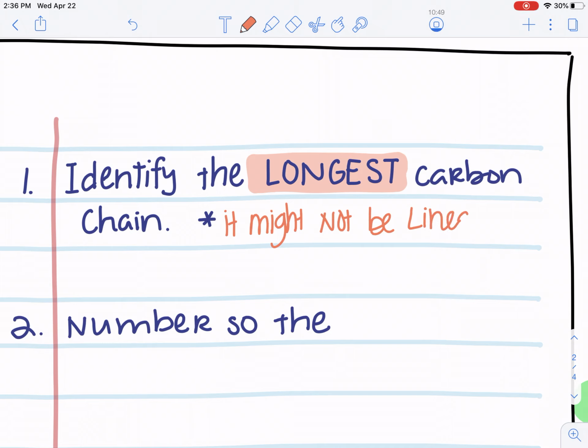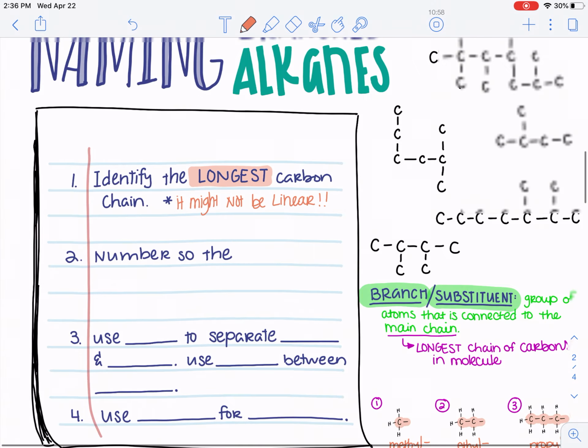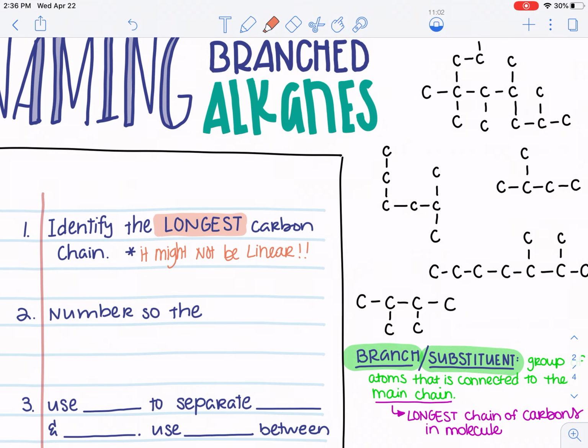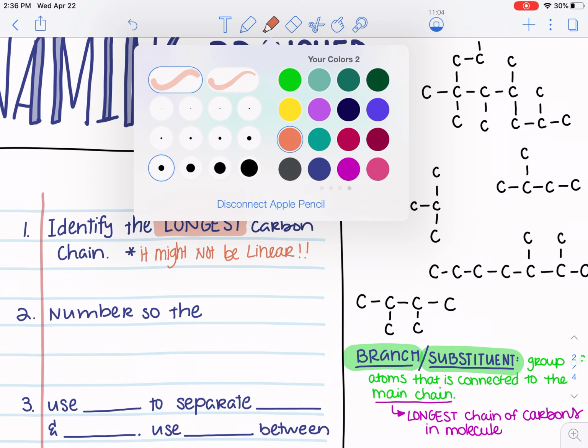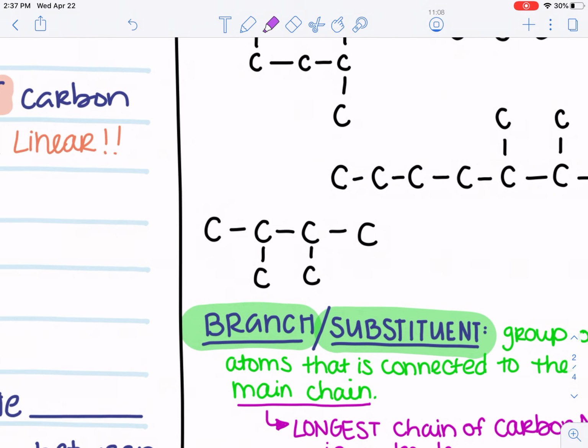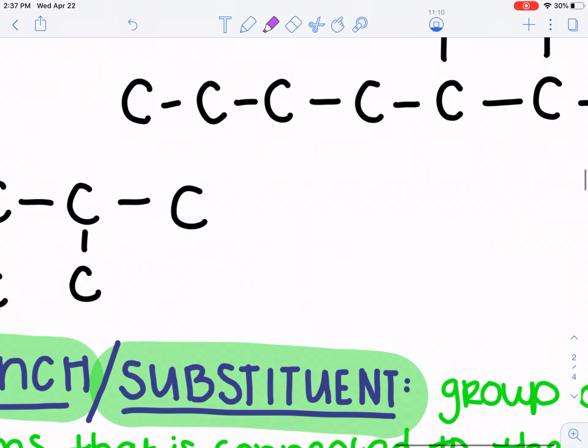We'll say linear, that sounds fancier. So don't be tricked if it is crooked and jagged. We are going to read this step and then see what it looks like in a molecule. I'm going to use this one as my example.